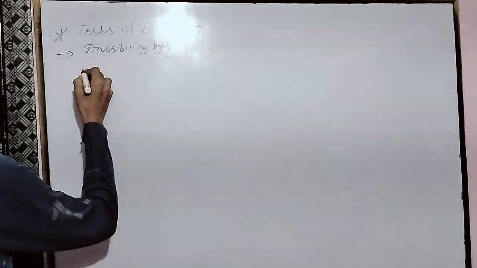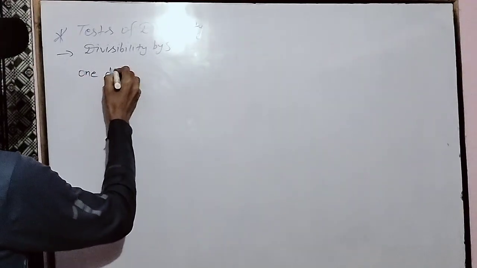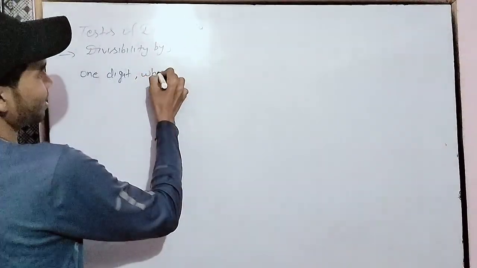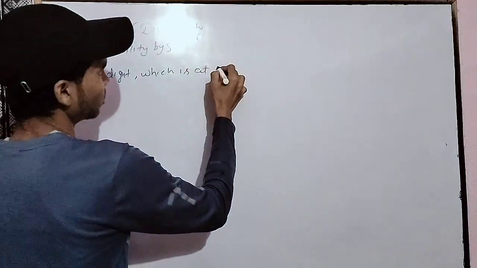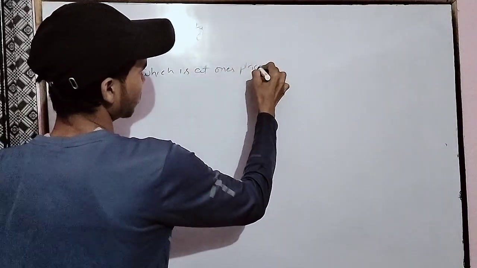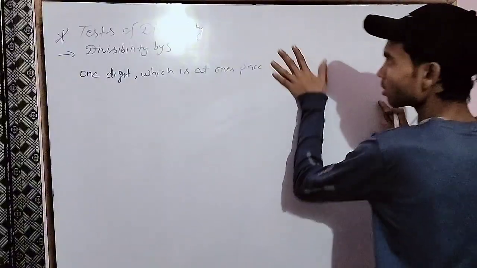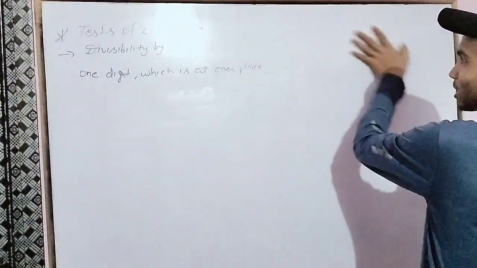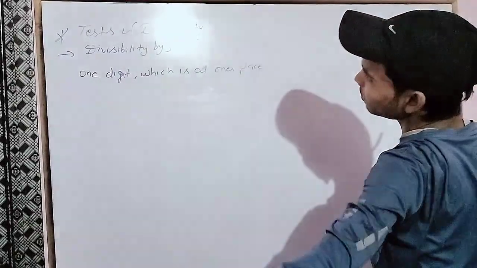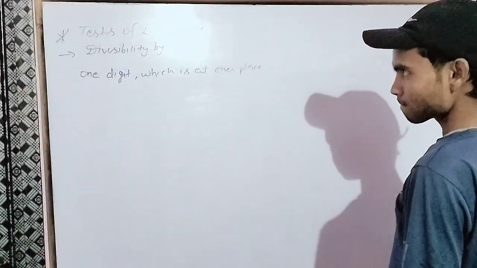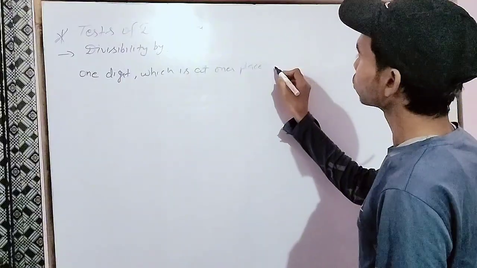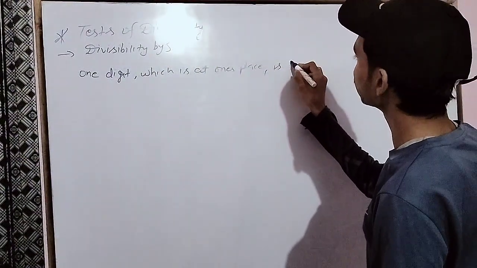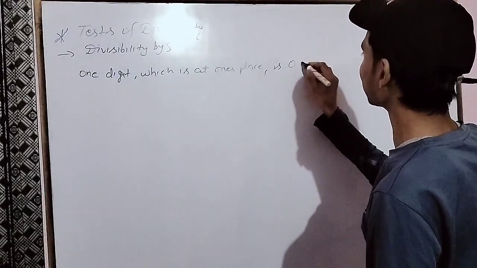So one digit which is at one's place. Clear? One digit which is at one's place is 0 or 5.